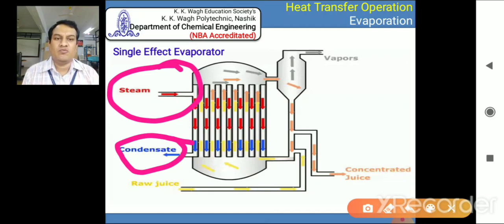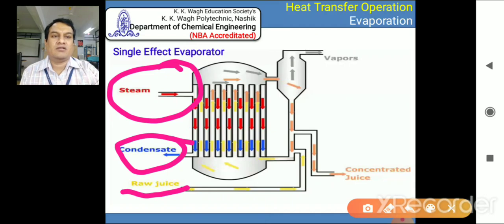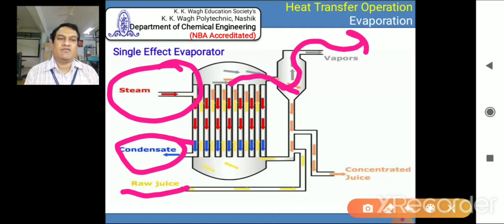Now outside the tube we are supplying this raw juice, and this raw juice is going through the evaporator body outside the tubes. So indirect heat transfer occurs, and the raw juice is going to absorb the latent heat from the steam. So the evaporation occurs, and here the water vapors are separated and go out from this evaporator body.